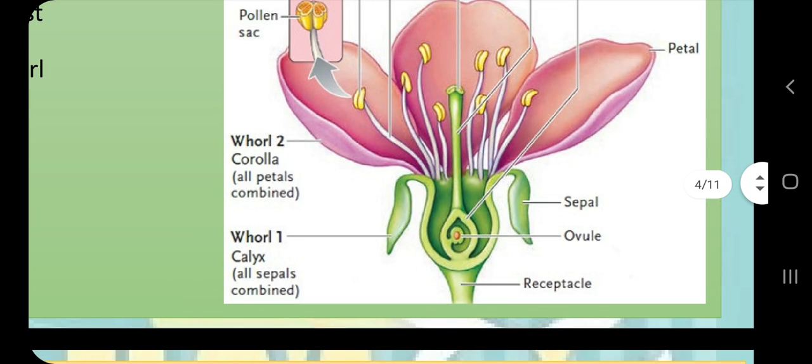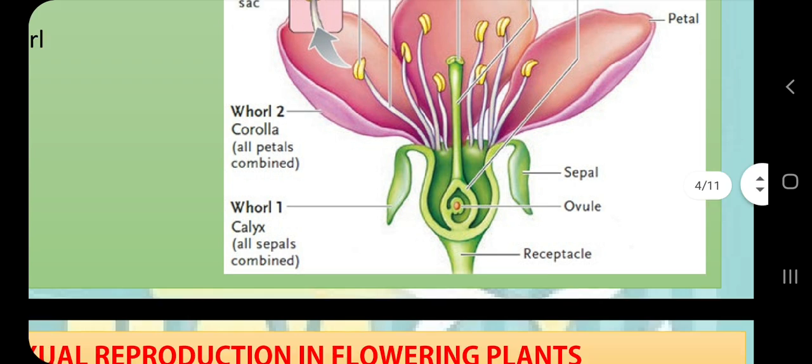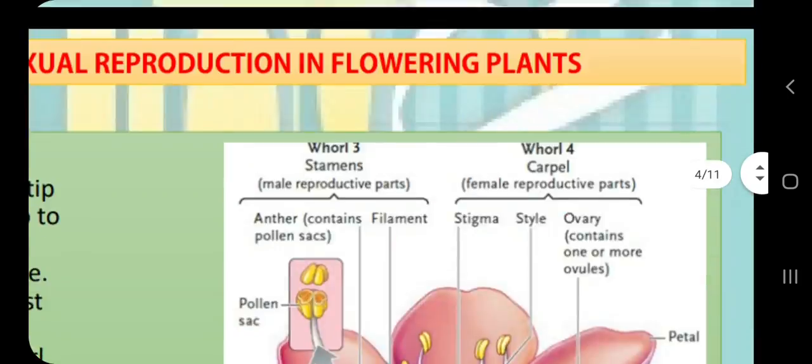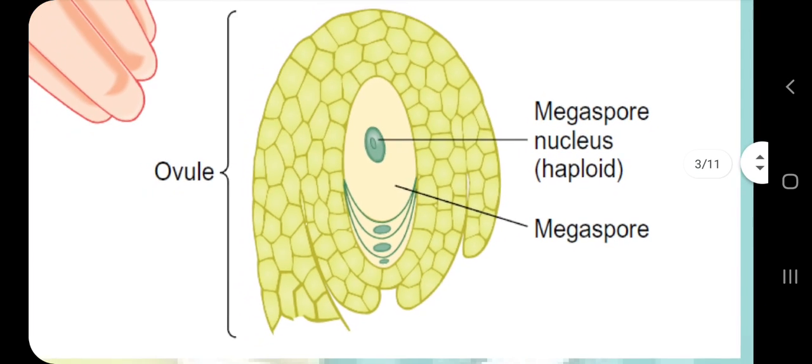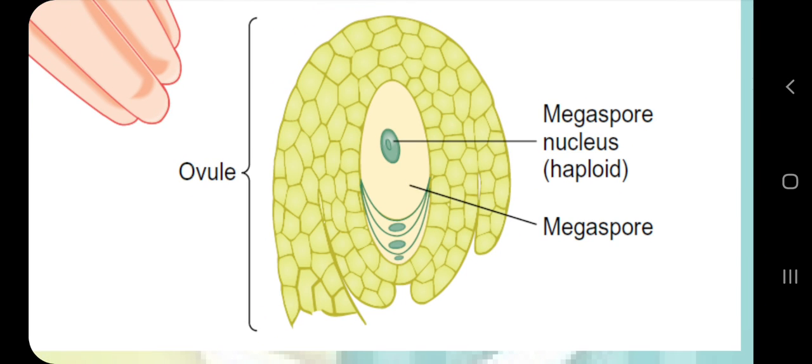What is female gametophyte? Female gametophyte is the embryo sac within the ovule, within the ovary of the carpel. So let's imagine this diagram. This is the ovule. This ovule has several cells which are diploid, of course, because the flower is a part of the sporophyte, which is diploid.